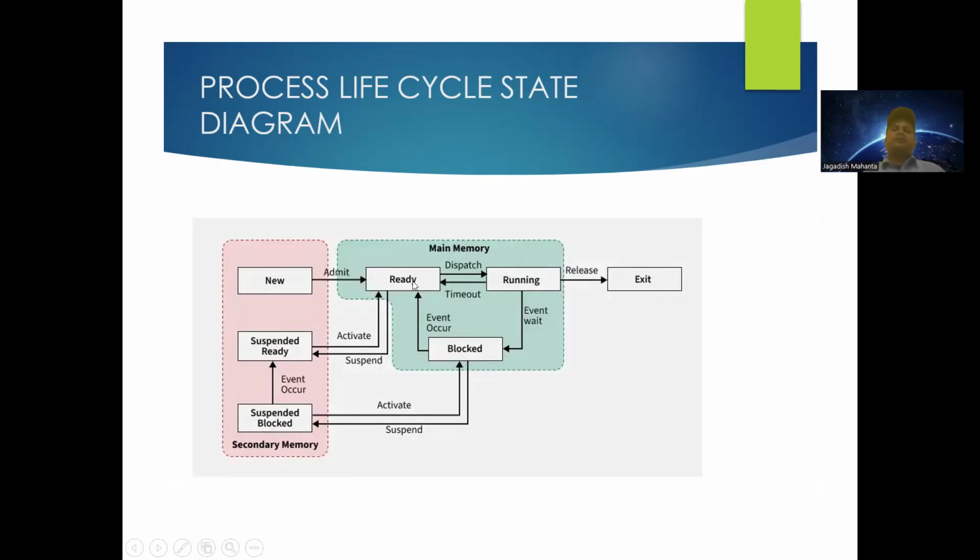So in the preemptive case, each process coming from the ready state to the running state gets equal time, and if not finished it is sent back to the ready state. That is called preemption or context switching. The main preemptive algorithm is round robin, and there are other algorithms also.